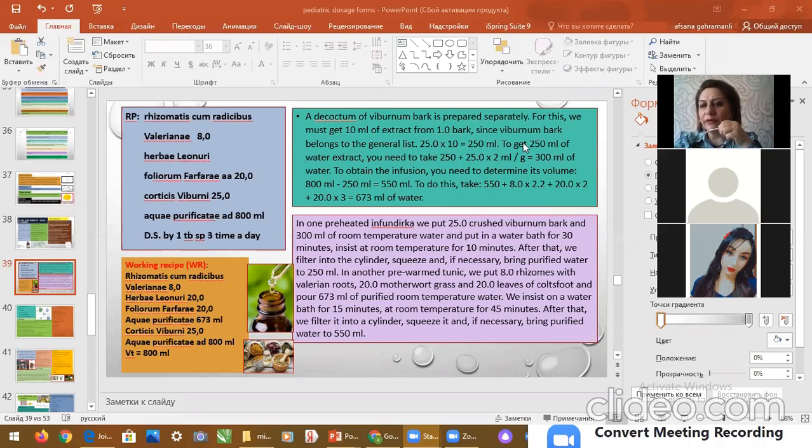To get 250 ml of water extract, you need to take 250, plus 25, plus 25 and multiply by 2 ml per gram, and this equals 300 ml of water. To obtain the infusion, you need to determine its volume.